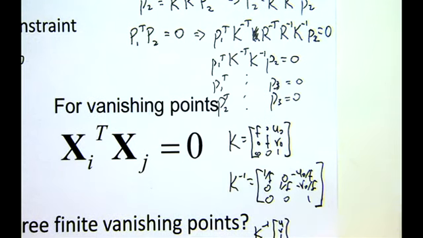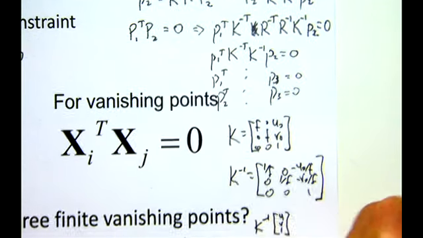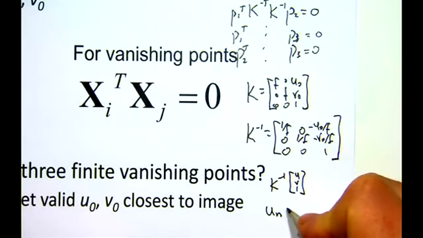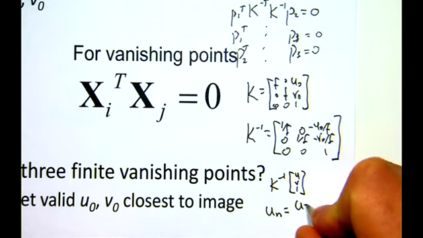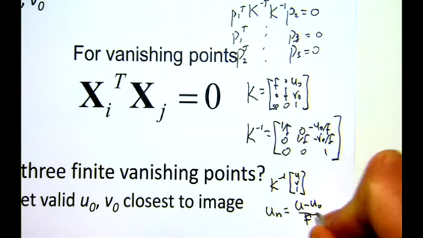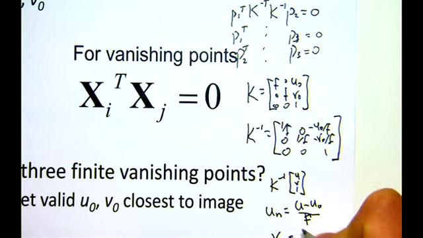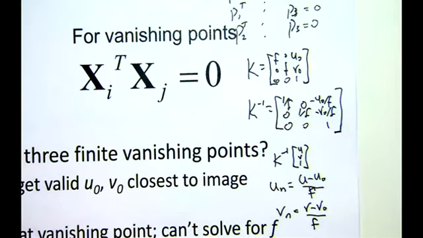To do that, U normalized is equal to U minus U naught over F, and V normalized equals V minus V naught over F. That maps a pixel from its original coordinates to its normalized coordinates, normalized by the intrinsic matrix. You can figure that out yourself just by doing K inverse. In my code I've always done K inverse and then divided by the third coordinate, but this is a lot simpler.